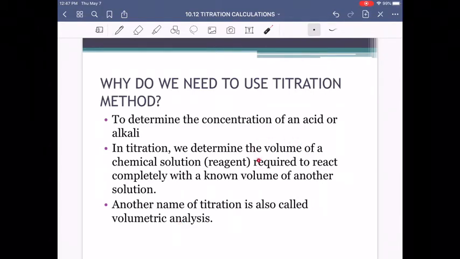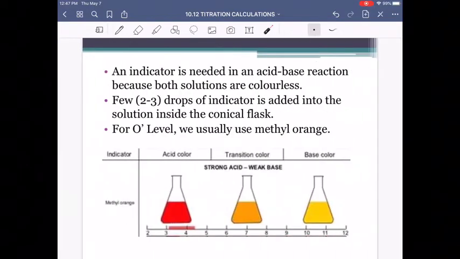So what is the meaning of this? When you do your titration practical, you will know what this means. An indicator is needed in an acid-base reaction because both solutions are colorless. So a few drops, around 2 or 3 drops, of indicator are added into the solution inside the conical flask. For O level, we usually use methyl orange, and this is the scale where the color changes.